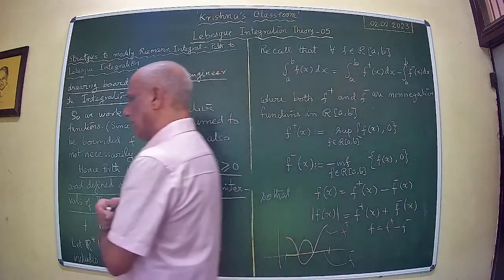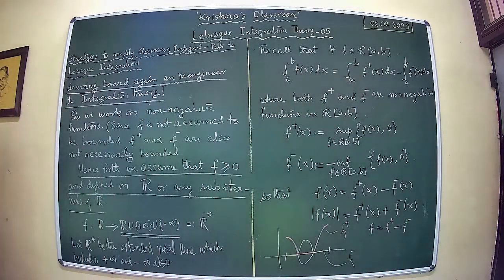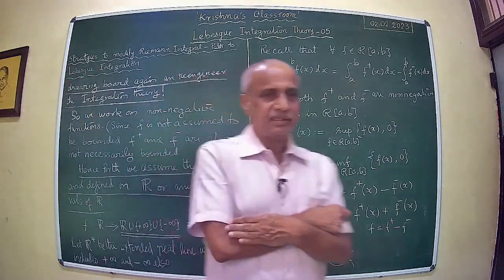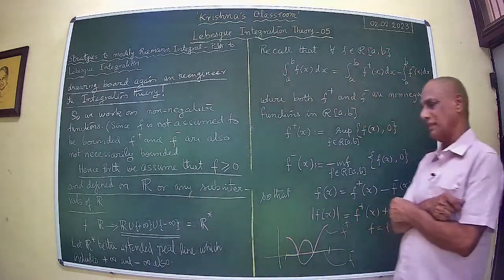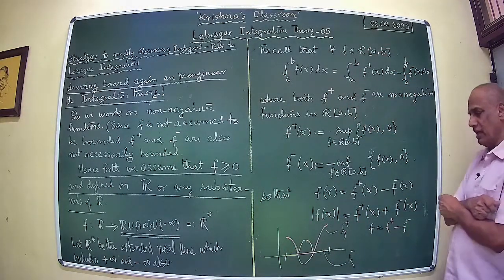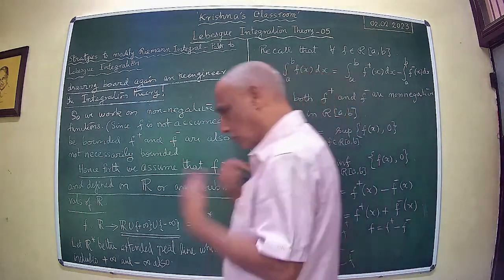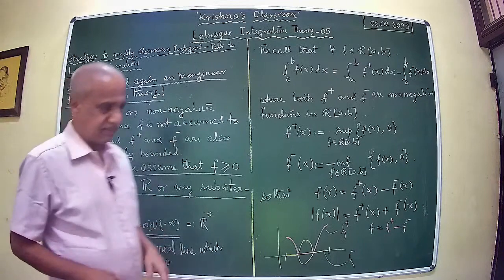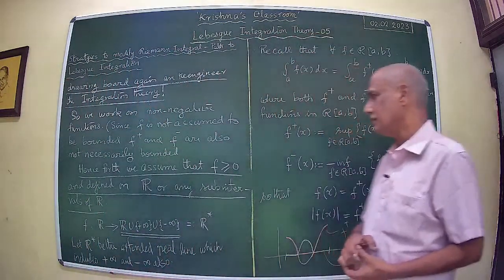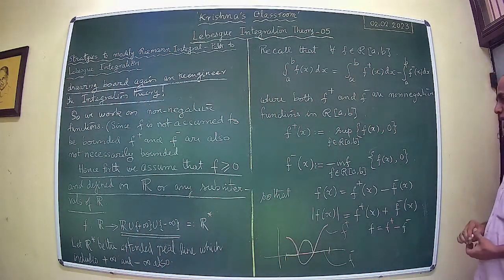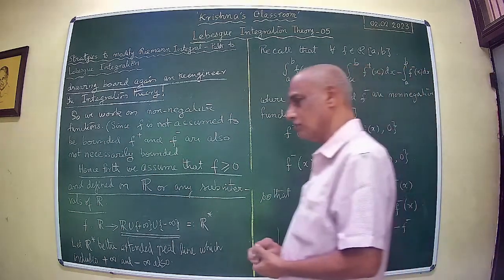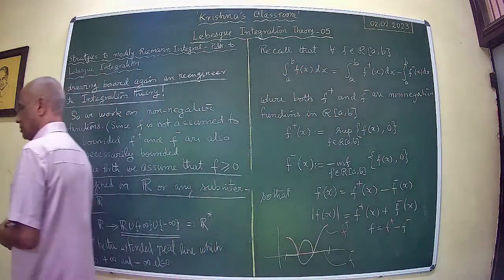Now let us see what we did in the case of Riemann integration. In the case of Riemann integration, we had bounded functions, of course, on bounded intervals. We had what is called the upper integral and the lower integral defined. And then, if the upper integral is equal to the lower integral, then you said f is Riemann integrable.